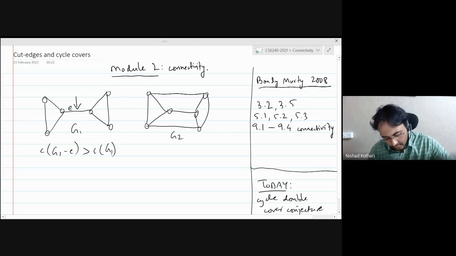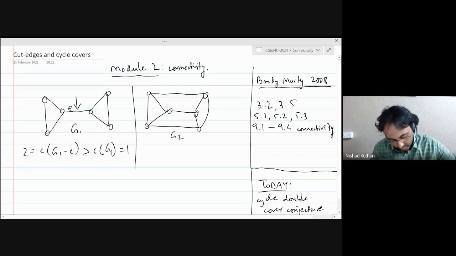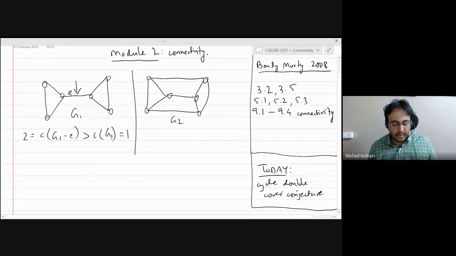In particular, this is a connected graph G1, and now when you remove the edge, you have two components. And that does not happen in the second graph. In the second graph, you will not be able to remove any edge and disconnect the graph.